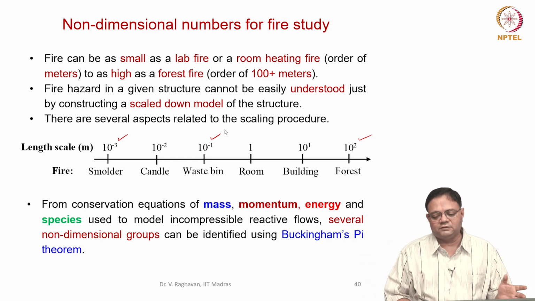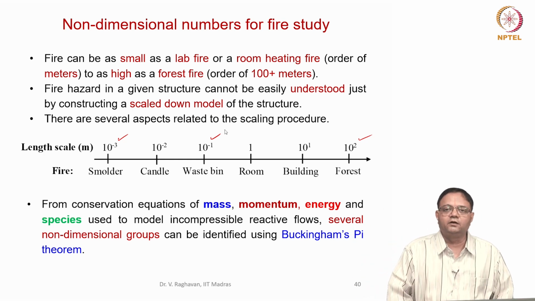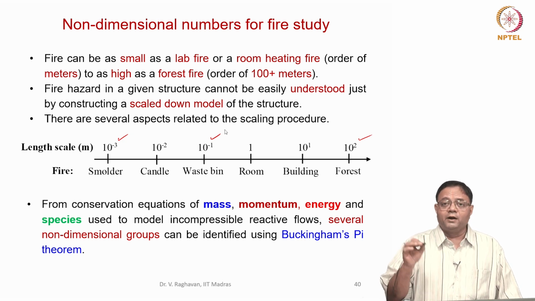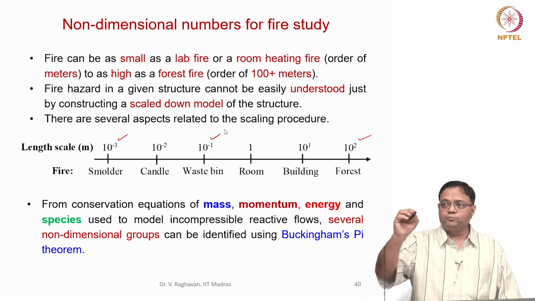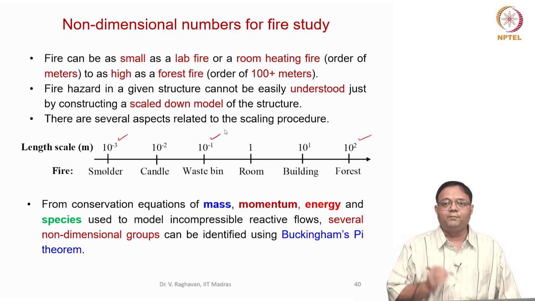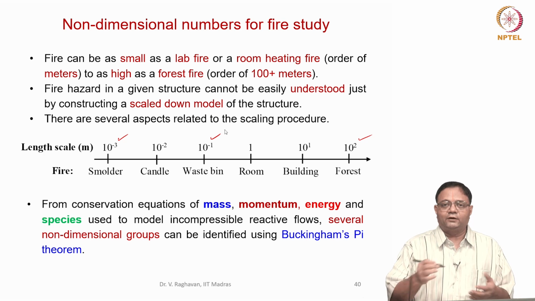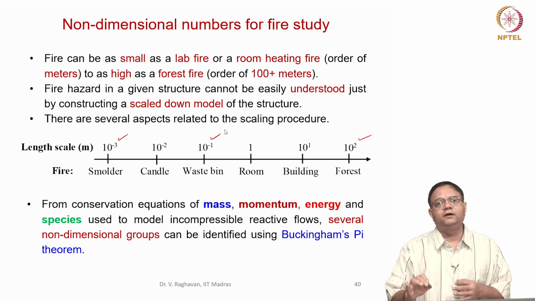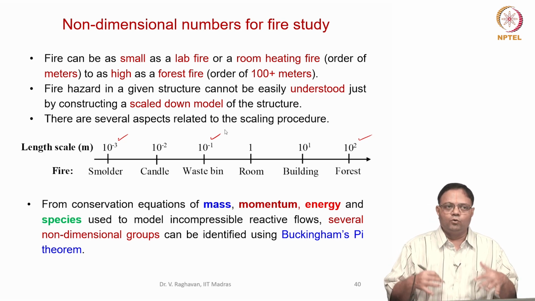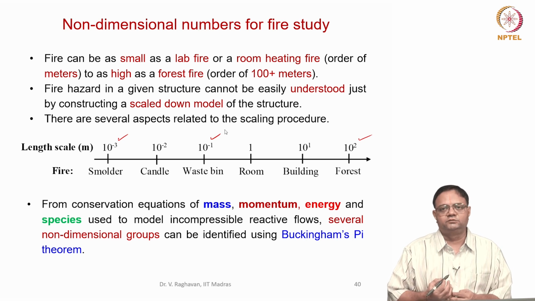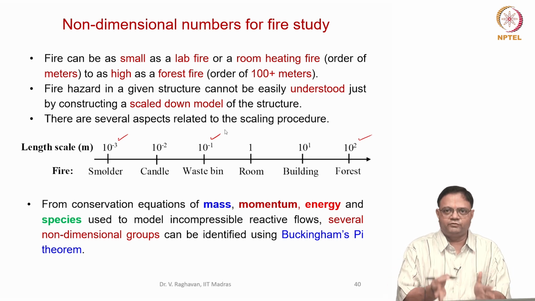Try to burn that. The characteristics will be entirely different in these scales. The burning rate will increase, then asymptotically reach a constant value. Flame height will also increase, then again reach a constant value. You will see transition to turbulence at a particular scale of fire.